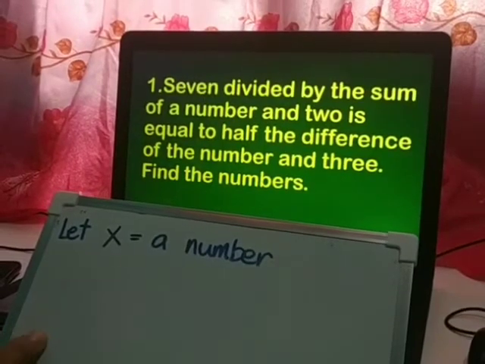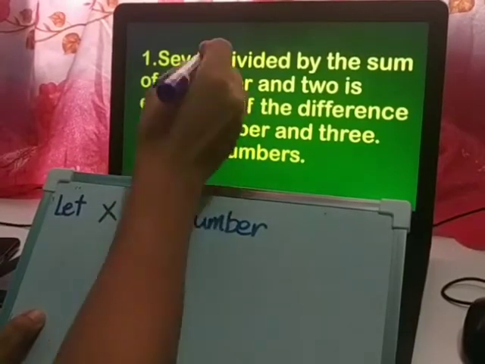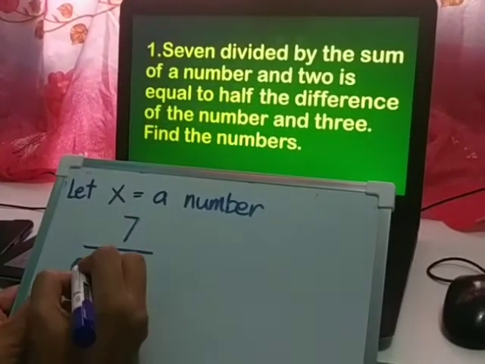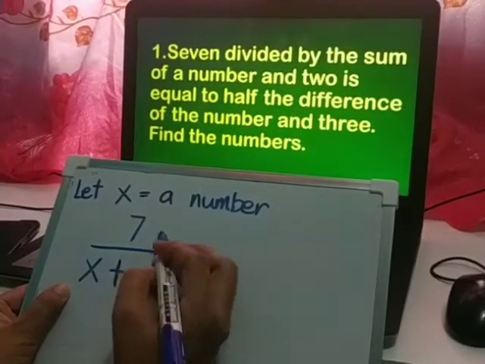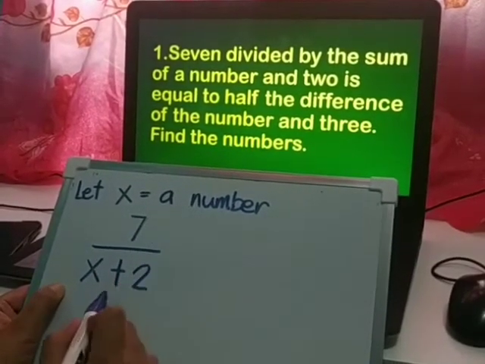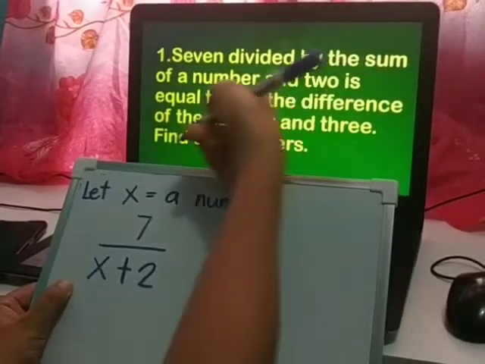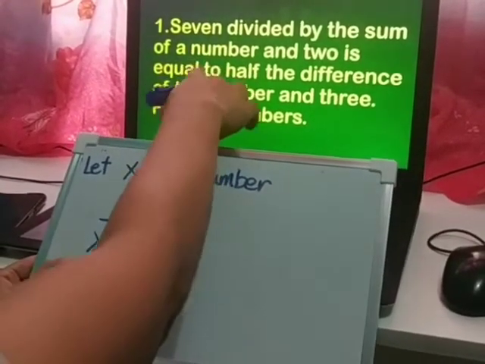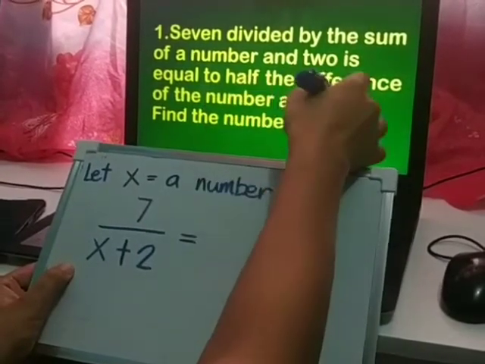Let's make now our equation. 7 divided by the sum of a number, which means I have to add, and 2. 7 divided by the sum of a number and 2 is equal to half the difference of the number and 3.